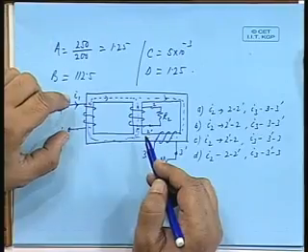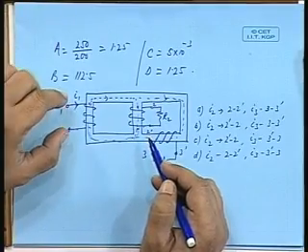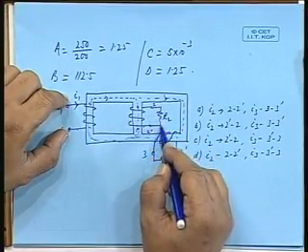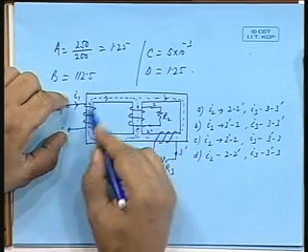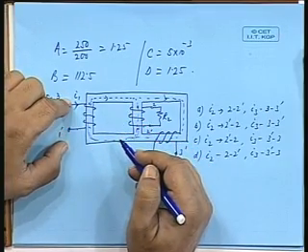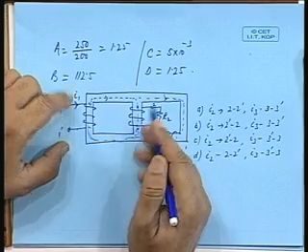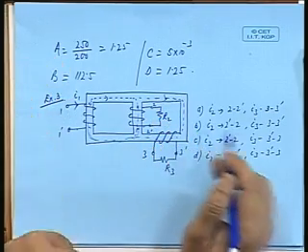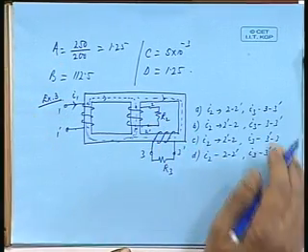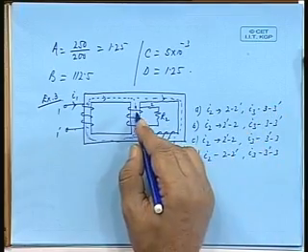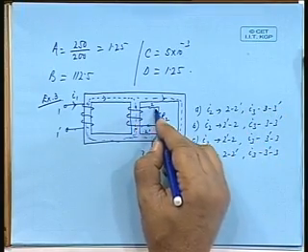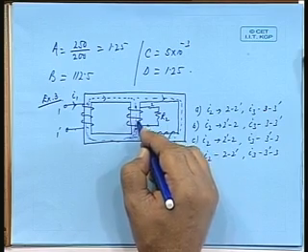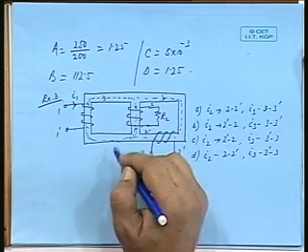If I excite this now, and if the current flows like this, then this will try to add to the flux that is already being established by this. Okay. So, that goes against the very basic principle of conservation of energy. So, if the current flows in this direction, it will try to oppose the flux.